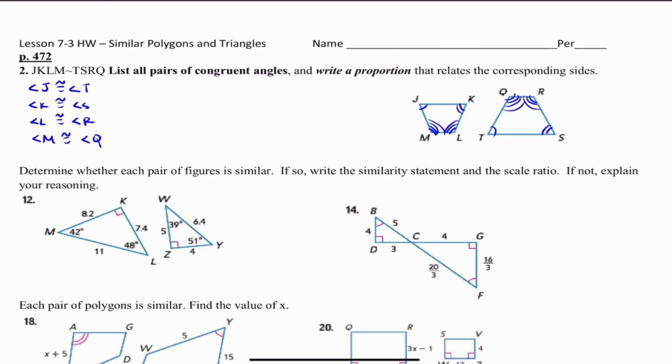Notice that we have JK, one arc, two arcs. That should correspond with TS. Yep, there we go. So JK corresponds with TS. The first two letters should correspond with TS.